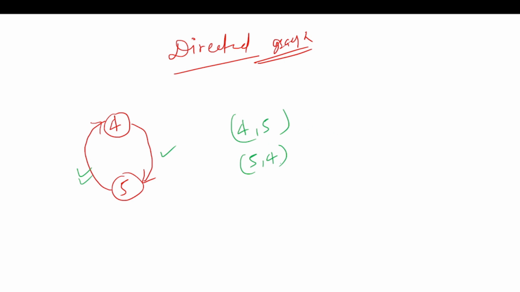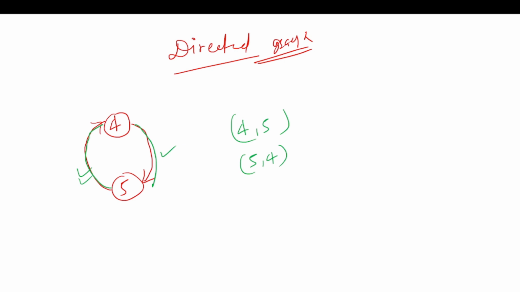These both are different. These both are not same. You got my point, because direction is coming from 4 to 5 and this is going 5 to 4. Just it is opposite. It's not identical. Okay, so this is called a directed graph.